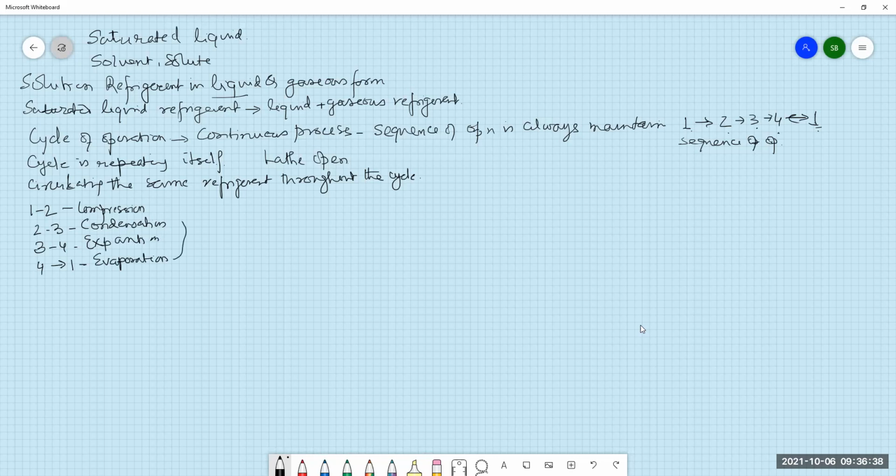From here it goes back to compression again. Again start 1 to 2, 2 to 3, 3 to 4, 4 to 1 like this.